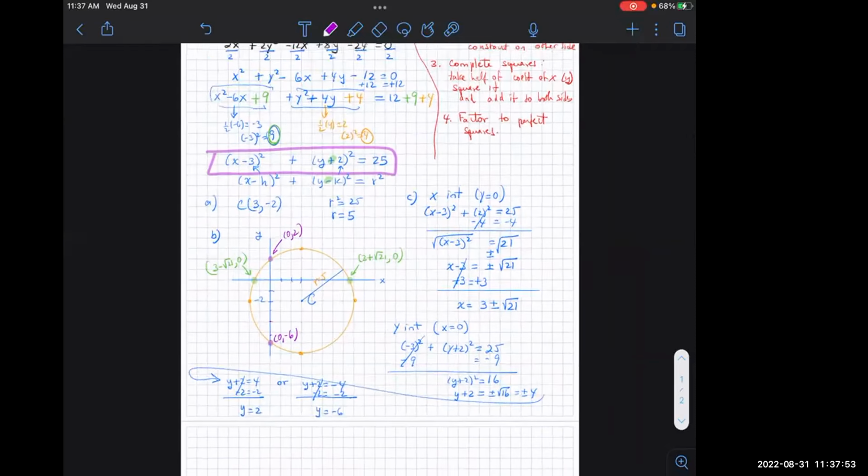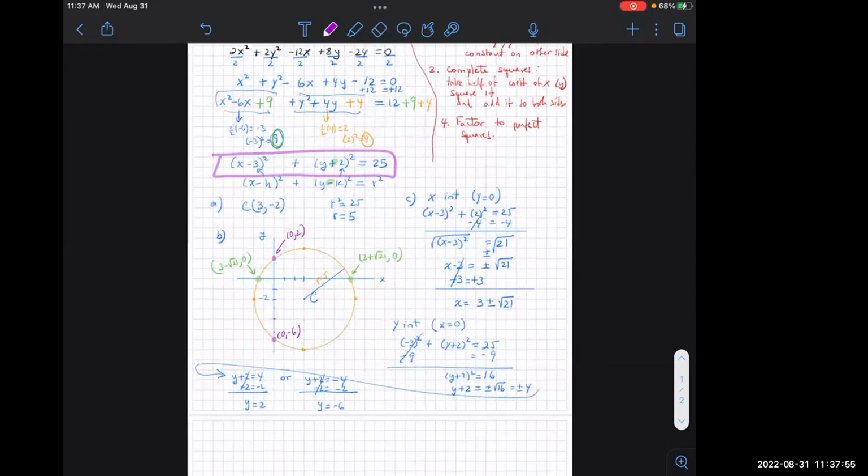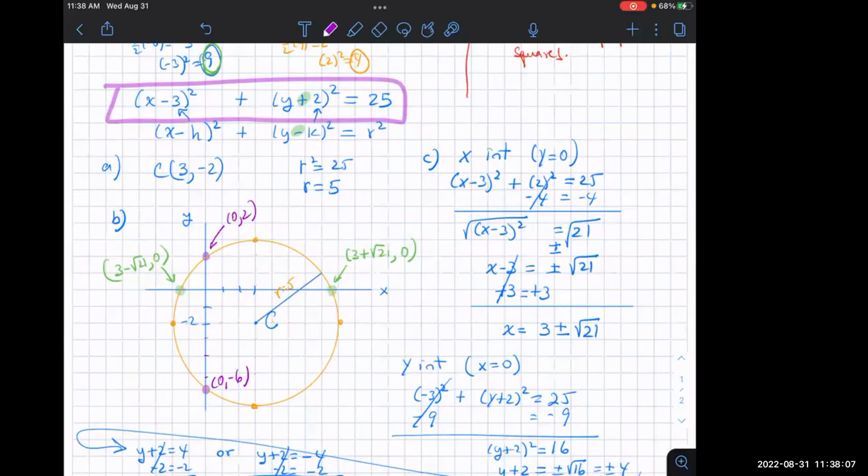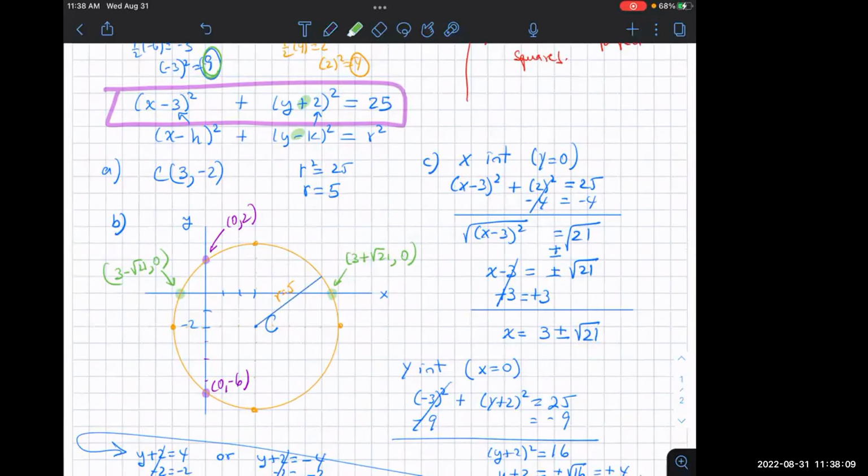Also, when you did the x-intercept and used x minus 3 squared plus y plus 2 squared equals 25, what made you choose those specific numbers? The only one that I had choices was y equals 0. So you go back to this equation at the top, and then y becomes 0.